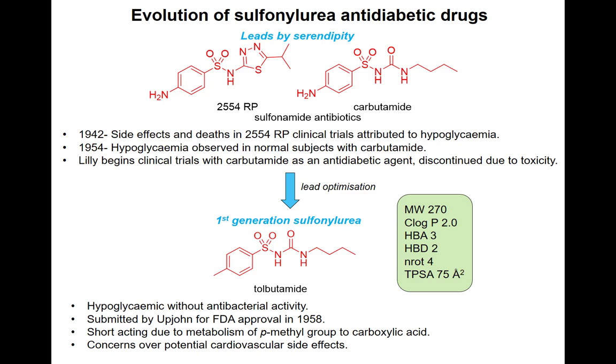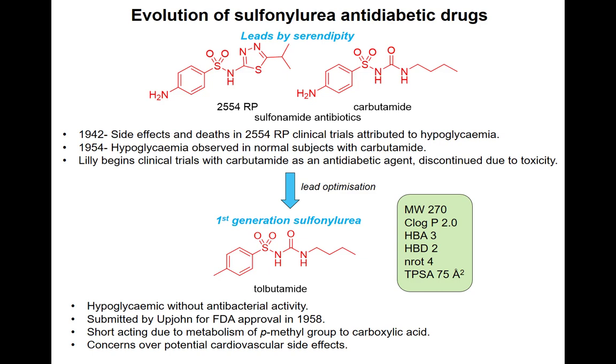And this eventually led to the clinical drug shown at the bottom of the slide. This is tolbutamide, and this compound had this hypoglycemic effect of lowering glucose levels, and it did not have the antibiotic effect. And this was also approved by the US FDA about 60 years ago.